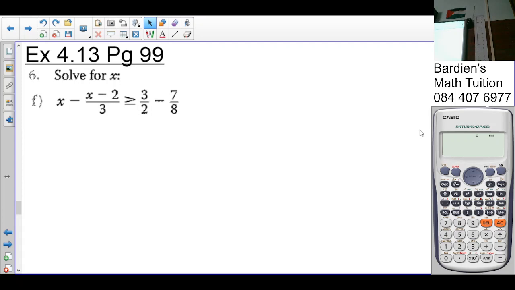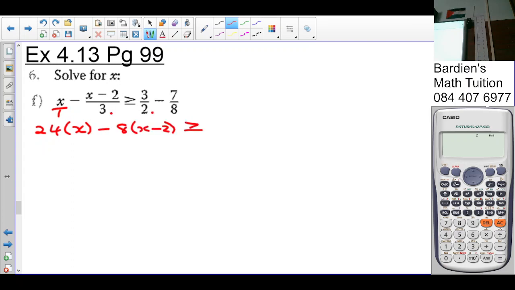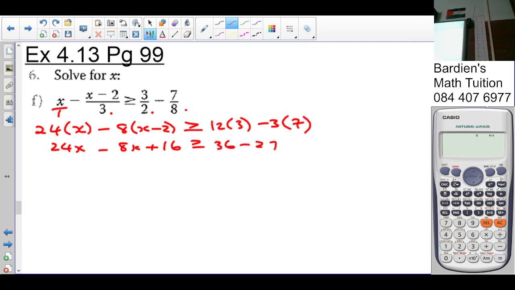Okay. 24. The LCM? 24. So that's over 1. So this must be multiplied by 24. This here? 8. This here? 12. This here? 3. It's going to be 24x minus 8x plus. So we create to equal 36 minus 21. X is one side, numbers is the other side.